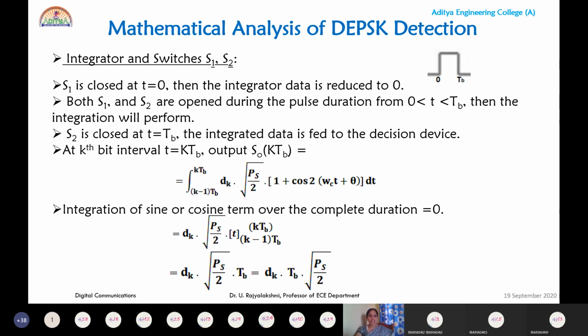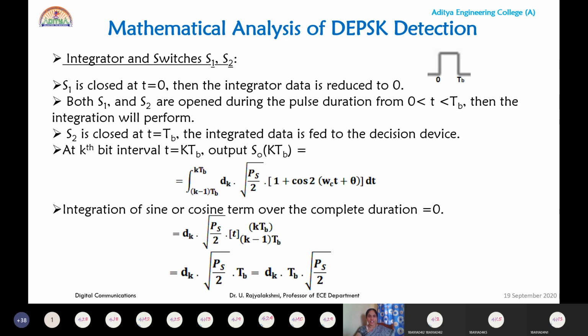This whole factor is nothing but the output of the multiplier. Already I told you in BPSK detection that the integration of a cosine or sinusoidal waveform over a complete cycle is equal to 0. That's why the integration of cos 2(omega ct plus theta) is 0.